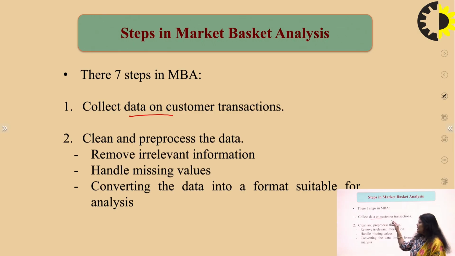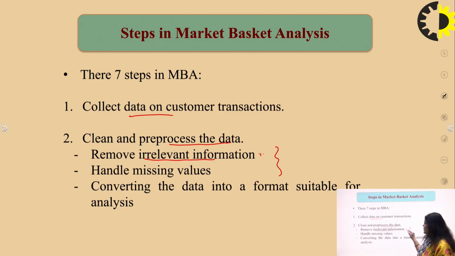Once we have collected the data, the next step is called the cleaning and pre-processing of the data. The pre-processing step is one of the important or critical steps in any kind of data analysis technique, and there are multiple sub steps that we need to perform when we are performing the pre-processing step. Inside the pre-processing step, we first try to remove the irrelevant or the redundant information from the data.